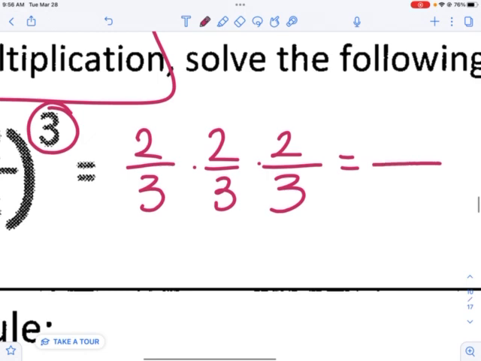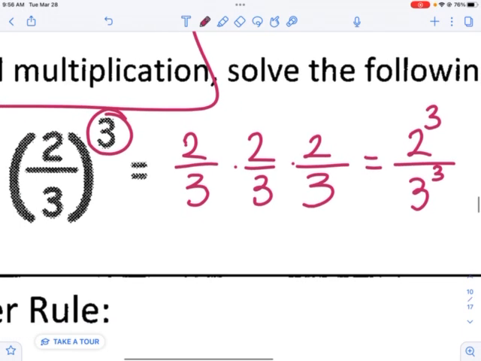I have 2 times 2 times 2. Well, that can be written as 2 cubed. Then I have in my denominator 3 times 3 times 3. That can be written as 3 cubed. So if I take a look at my original problem, I'm going to put in those invisible exponents of 1. And I can highlight here, I'm going to have 3, 1, and then I have that 3 and 1, and I somehow end up with 2 to the third over 3 to the third.